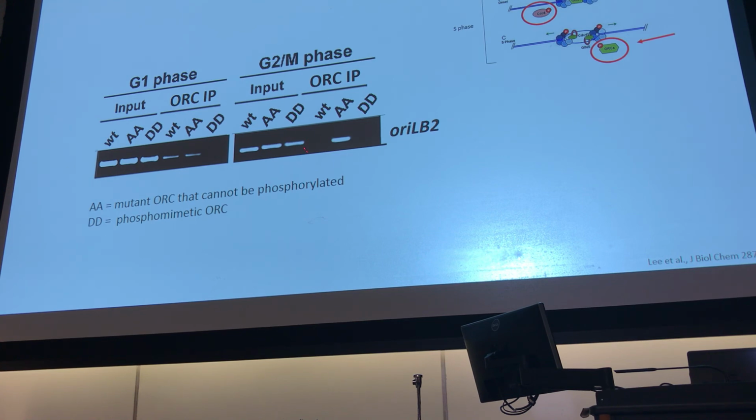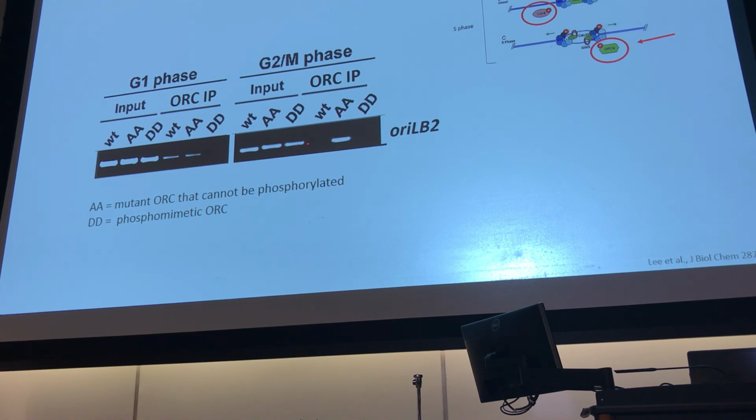So in G2/M it's not bound, and that makes sense, because in S phase cyclin A phosphorylates it and gets it off of the DNA. If you have the one that can't be phosphorylated, it's going to stay stuck on the DNA, even going into G2/M phase. And then this is that phosphomimetic again, the one that thinks it's always phosphorylated, and so of course in G2/M it's not bound.